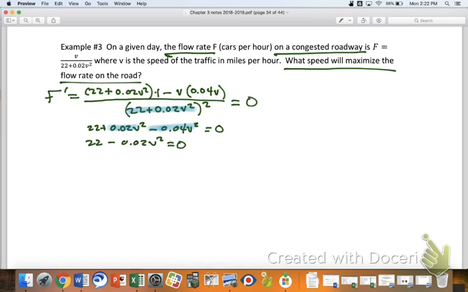I multiplied the v times the v and got v squared. And then add over: 22 is equal to positive 0.02 v squared. And then it's a question of division and then square rooting. And it's like 33 something, right? 33.166 equals v. Okay.